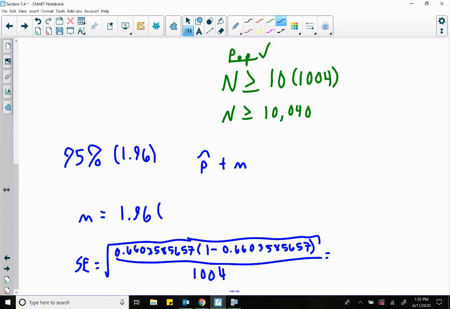What did I do? Oh, I see it. I put in an extra decimal. I pushed a decimal instead of a 0. There we go. So this is 0.0149462893. That's what we're going to put here.